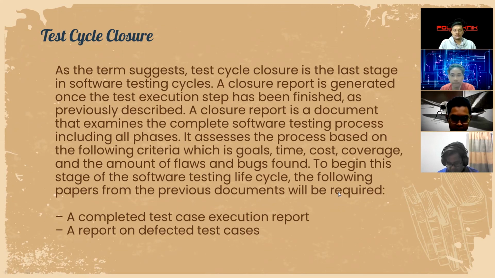It assesses the process based on the following criteria: goals, time, cost, coverage, and the amount of flaws and bugs found. To begin this stage of the software testing lifecycle, the following papers from the previous documents will be required, such as a completed test case execution report and a report on defected test cases.